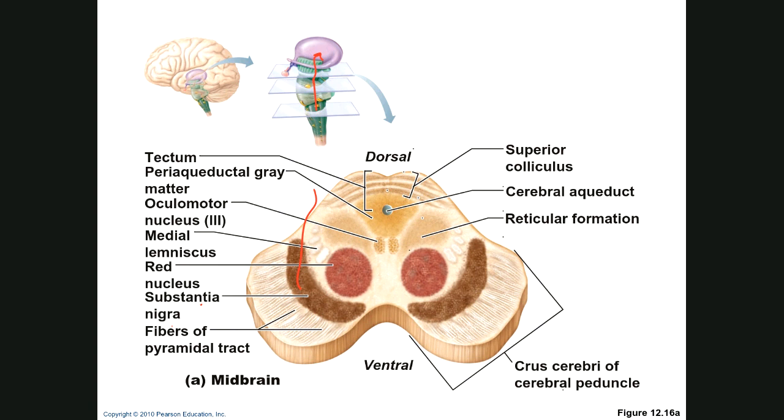So this is the area where dopamine is being secreted. The neurons that secrete dopamine are leaving from the substantia nigra. So you should know that that's also part of the midbrain.